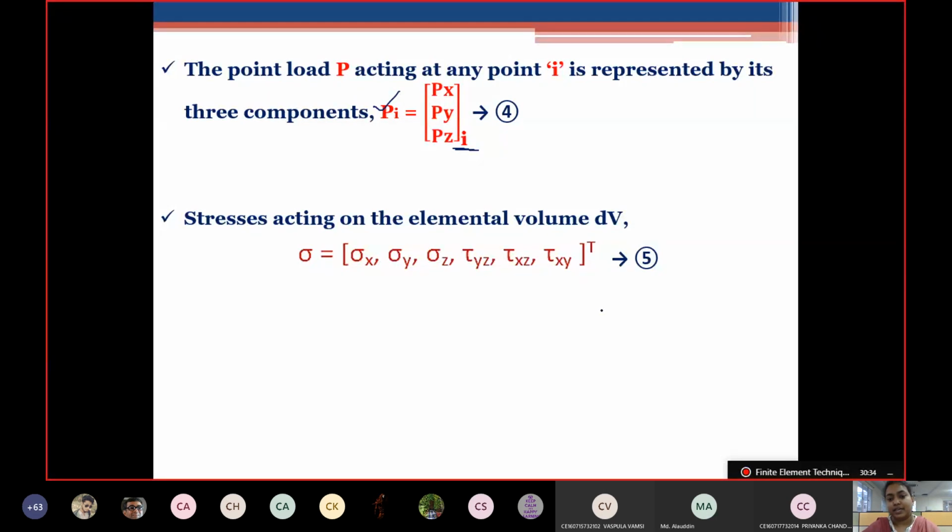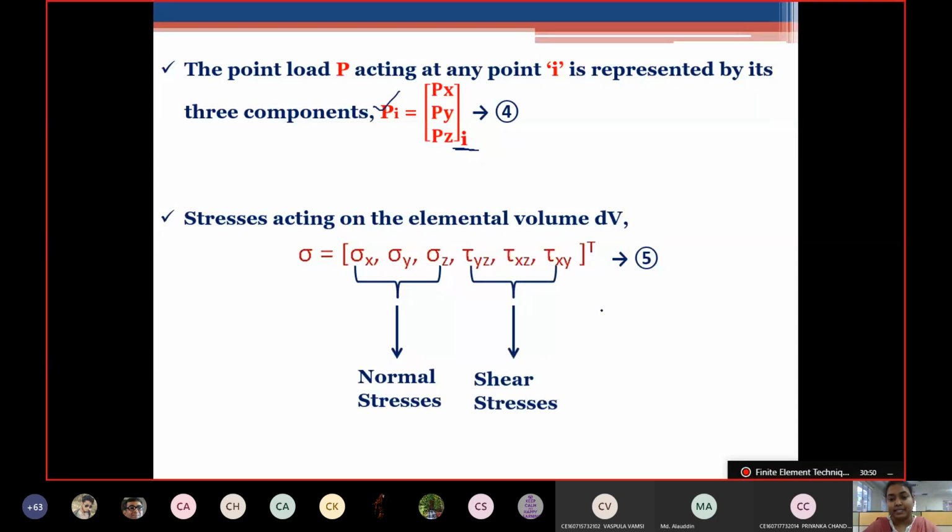These are the stresses acting on the faces. Now these 6 stresses are not the same, because these 3 are considered as normal stresses acting in the elemental cube, and these 3 are considered as shear stresses. All right.